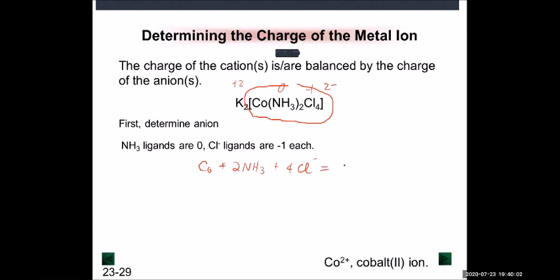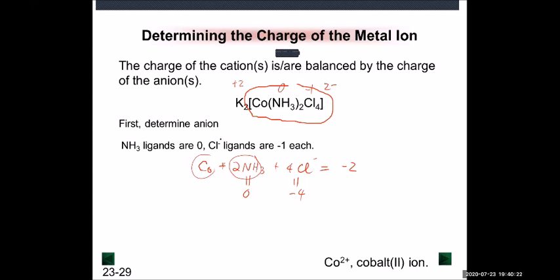The combined charge is -2. The ammonia is 0 charge, so together 0. The 4 chlorides combined charge is -4. So you can easily find the charge on the cobalt. That should be +2. Okay, this is important.